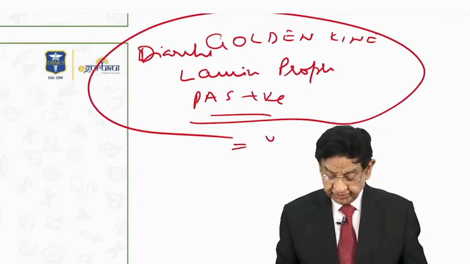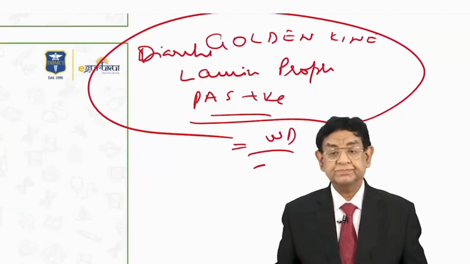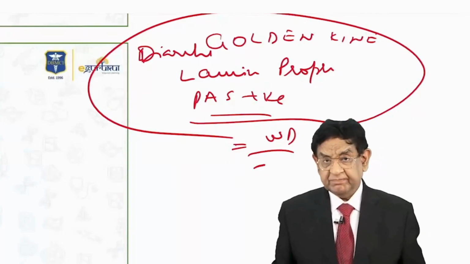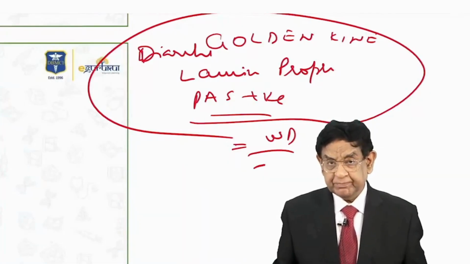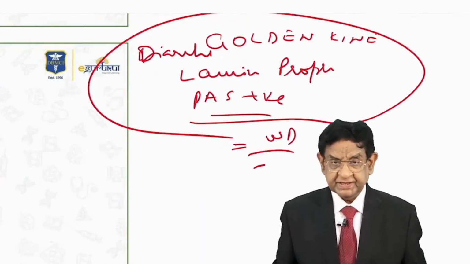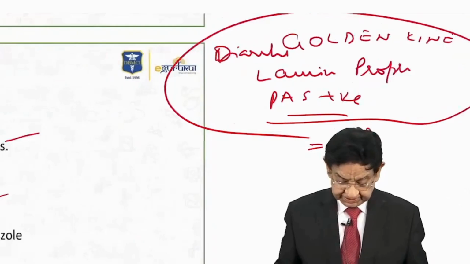This is Whipple disease. A patient with diarrhea and the biopsy shows lamina propria containing PAS positive material is Whipple disease.